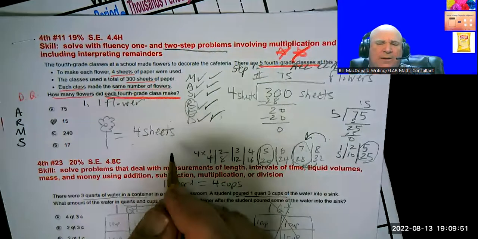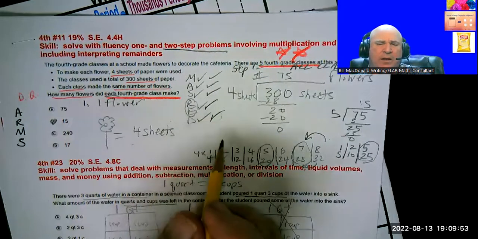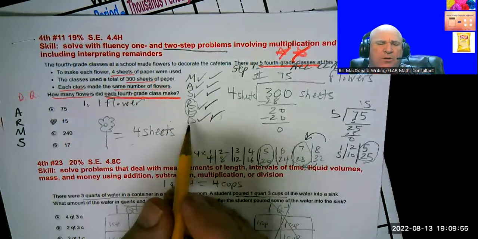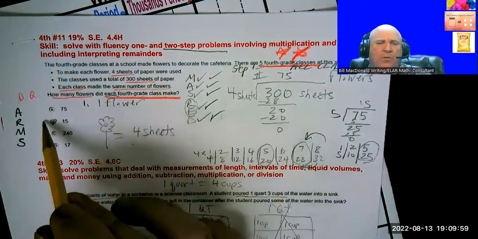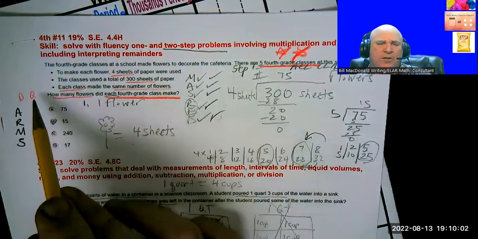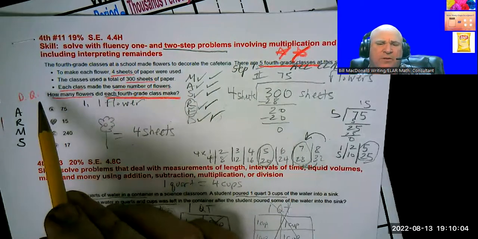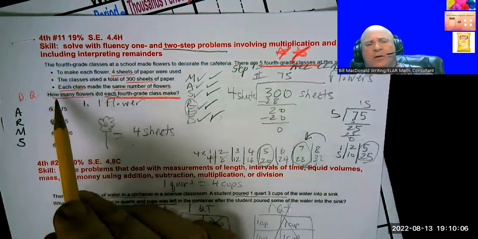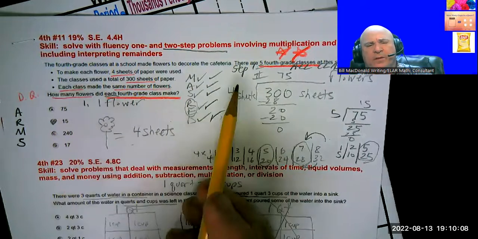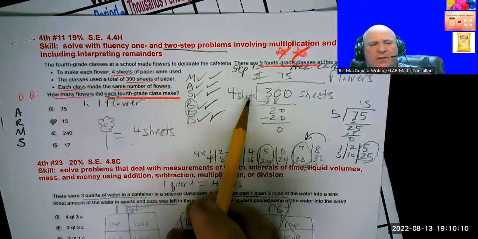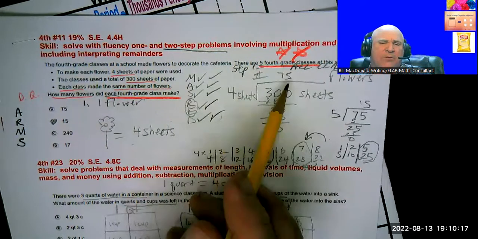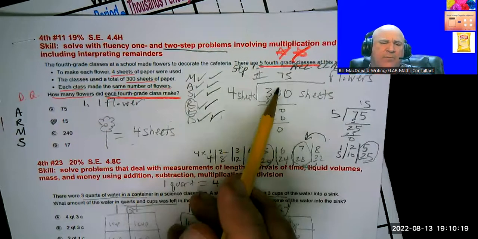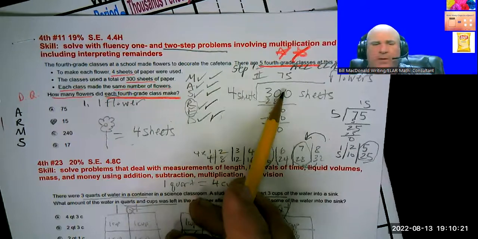Each being in the question, DQ, divide if you see it in the question, but we'd have to divide twice because we had to first divide 300 into the 4 sheets that each flower can make to find out how many flowers all the classrooms could make. So that would be number 1.